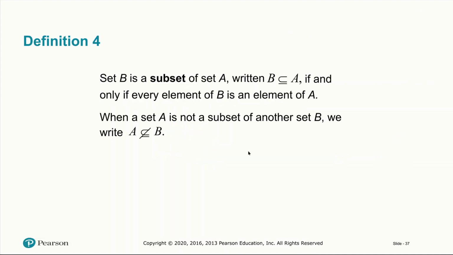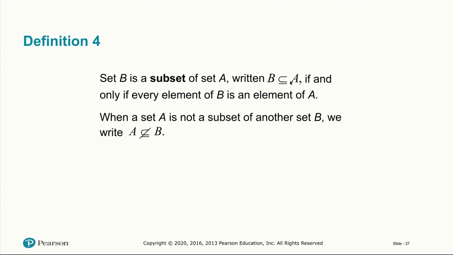We continue our discussion of relationships between sets, and one of the primary relationships between sets is of one set being a subset of another set. The way we write it is we write B and then this sideways U and then a bar underneath.